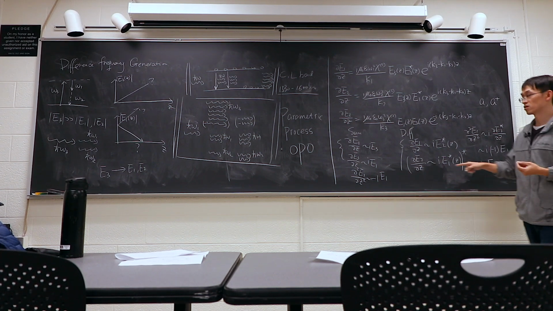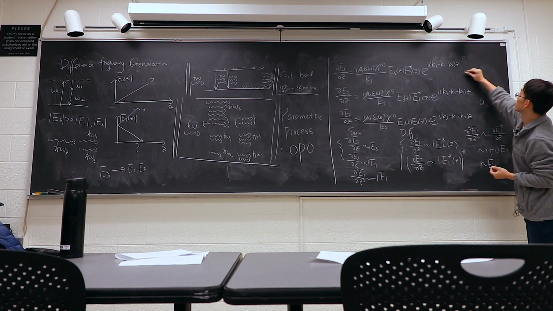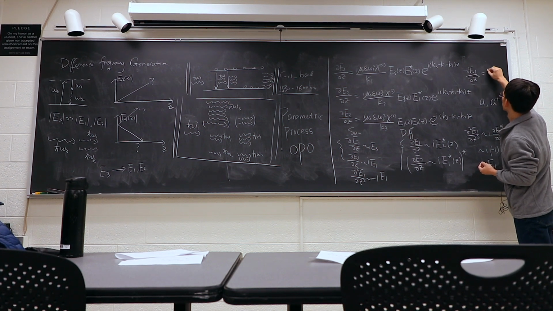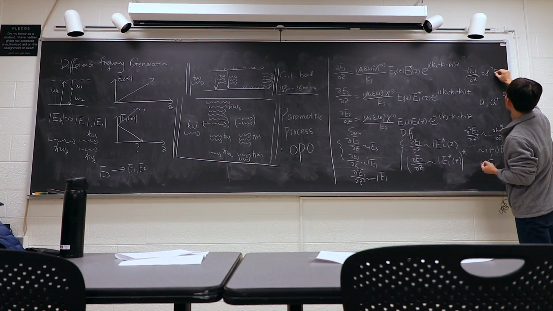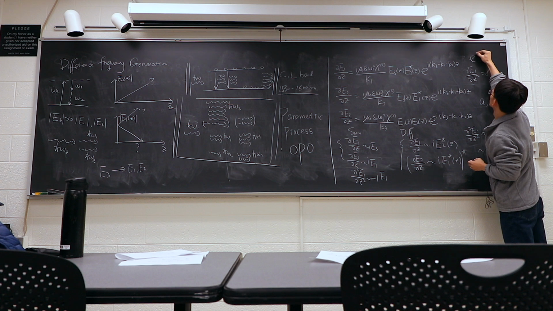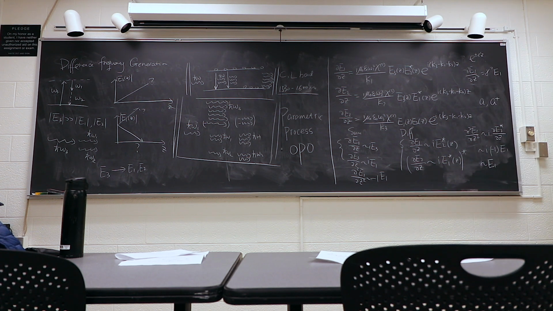For a minus sign, we know it's sine and cosine. For this one, we know the solution is exponential growth or decay.